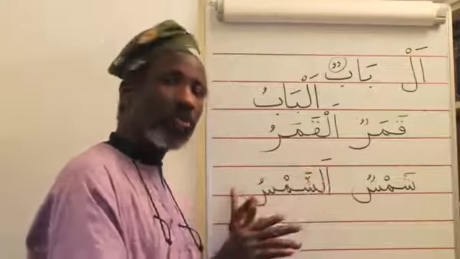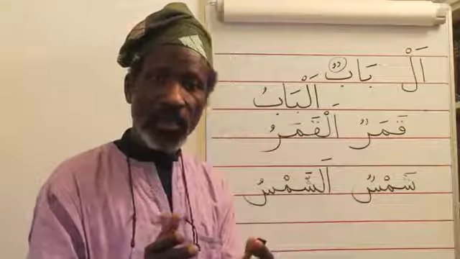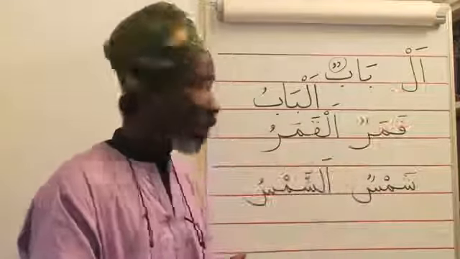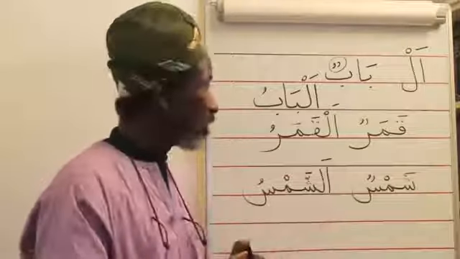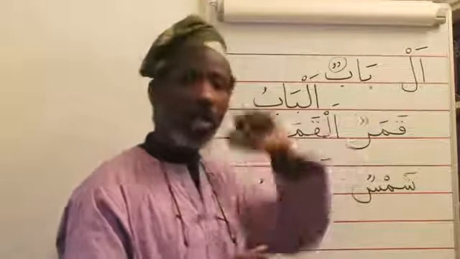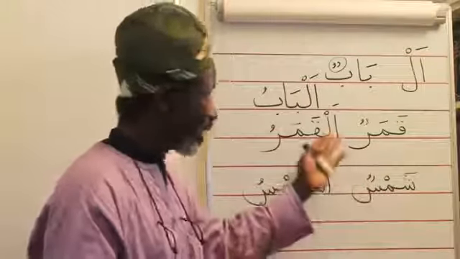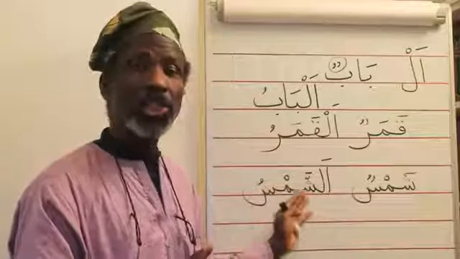Ash-shams. Whereas here, the moon letters, when they come after the al, will not be carrying any shadda. So there is no reason why the sukoon on lam should not stay. Hence you hear it clearly, al-qamar. But here, ash-shams.